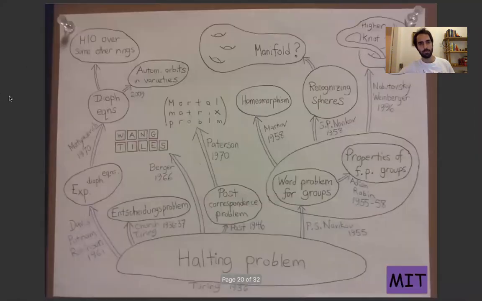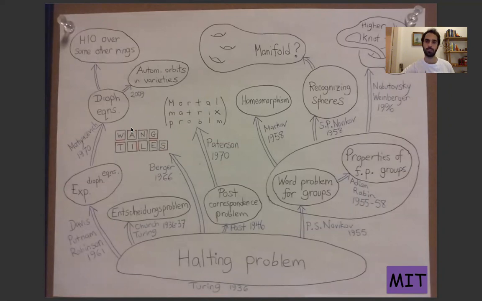So here it is. This is the halting problem, Turing 1936. And these are all mathematical problems which are connected to it, undecidable, uncomputable. If you're curious, you can go and look for them. Some of them are very interesting, like for example these Diophantine equations here. This is pretty nice.